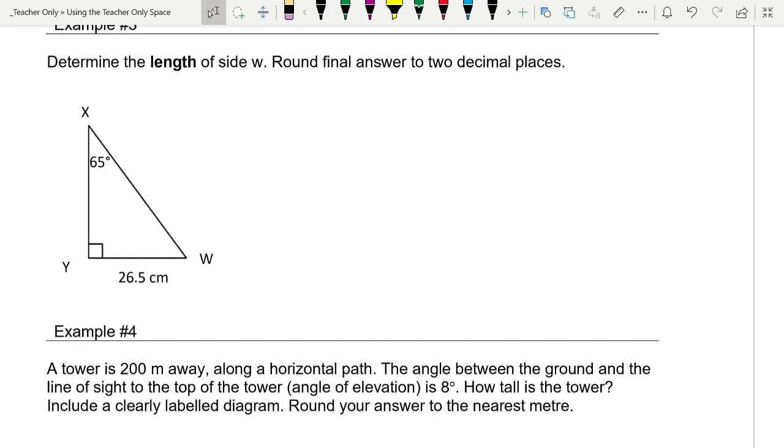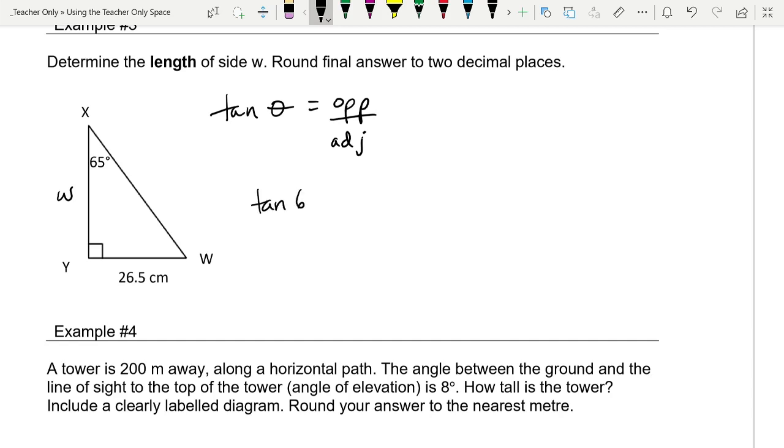Find side W. Which one's side W? This guy. The tangent of any angle is the opposite over the adjacent. I'm going to write this formula a million times until I remember it forever. So write that down. Okay, but I don't have to call it angle theta. I know what angle it is.